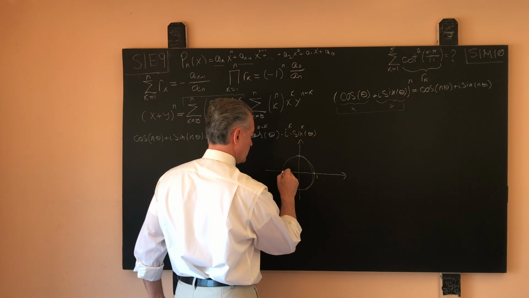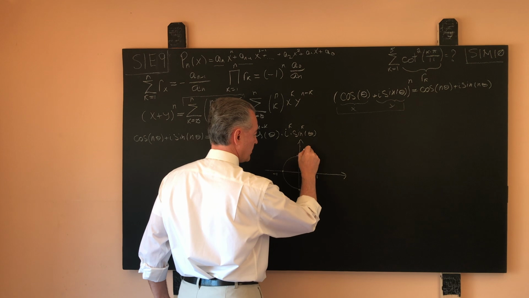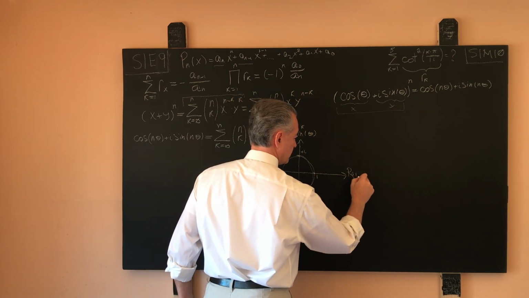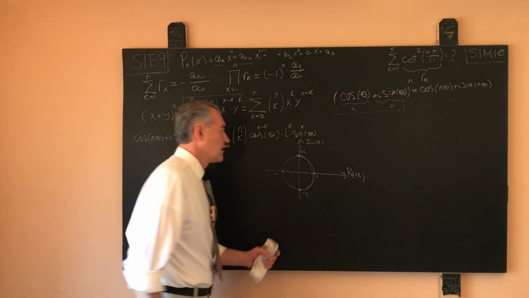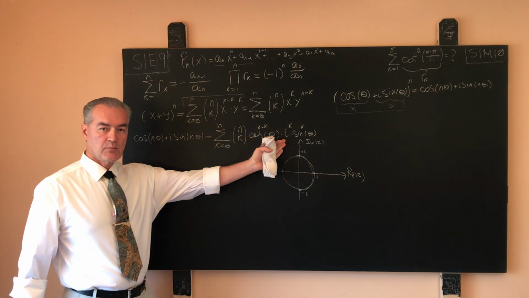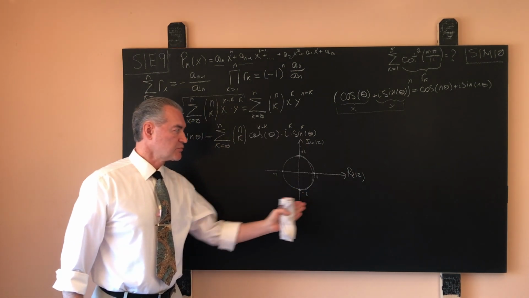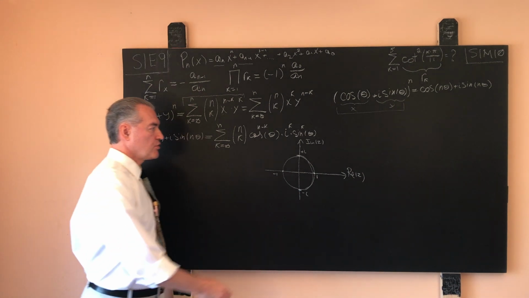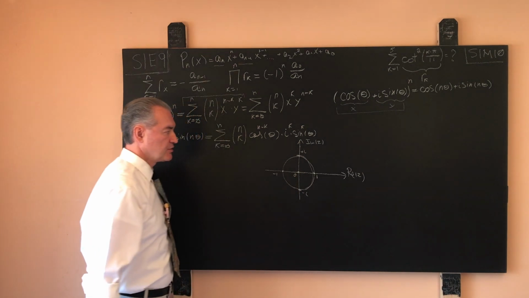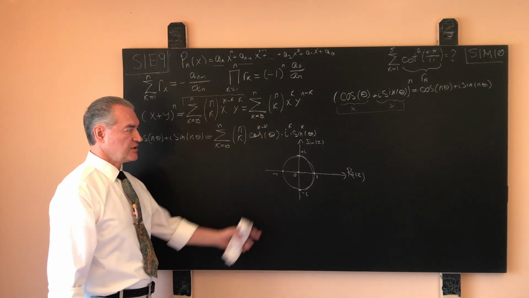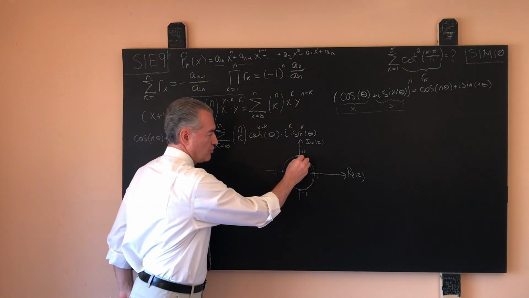This will be 1, this will be negative 1, this will be negative I, this will be positive I. These are real numbers, these are imaginary numbers. The complex number I is positioned on the periphery of the unit circle, in particular on the imaginary axis over here.